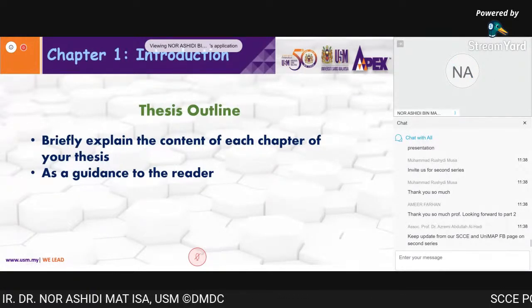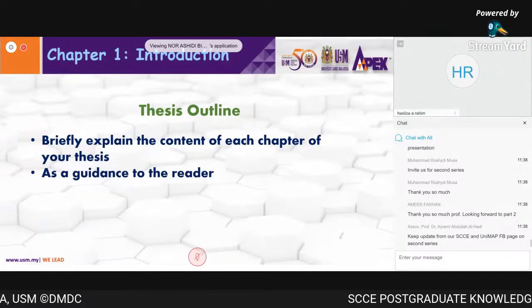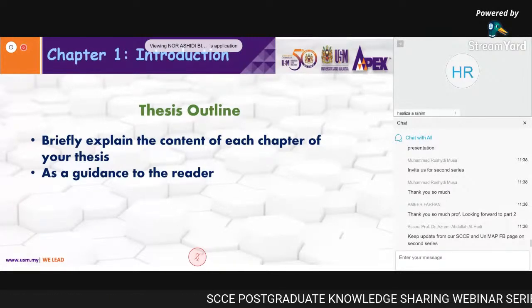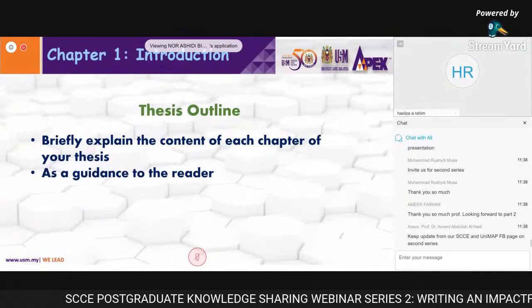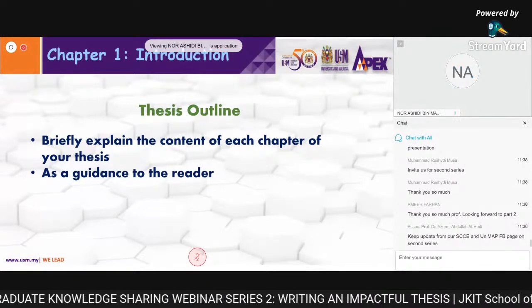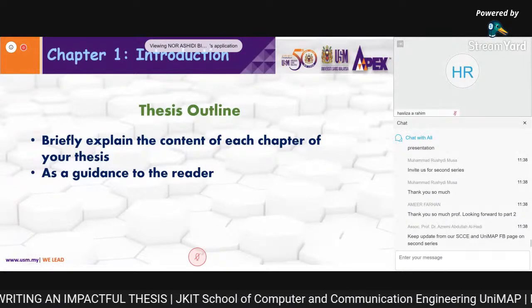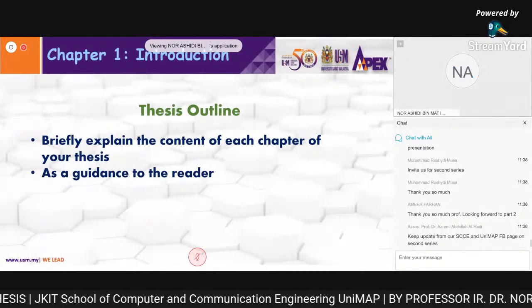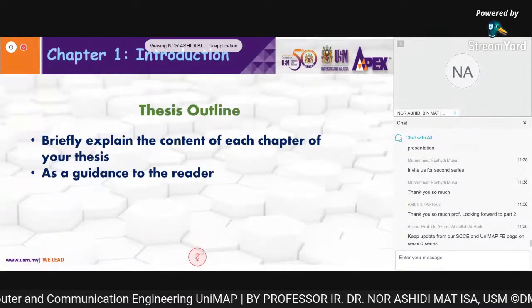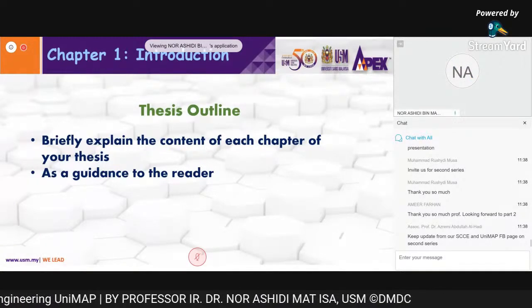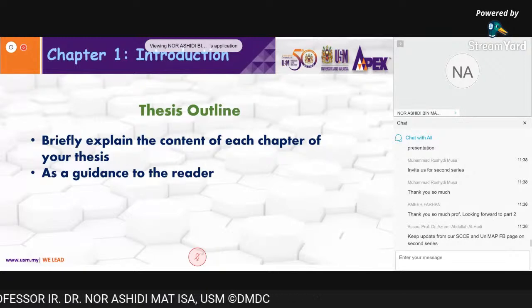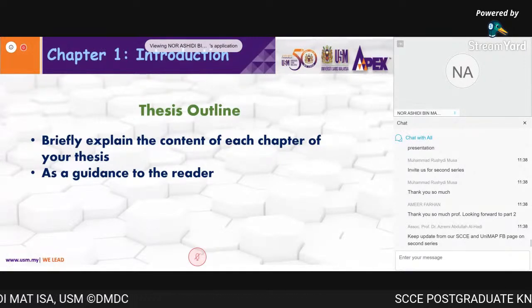Omar Al-Obaidi asks, may I know what the pipeline term refers to? The pipeline is how you want to design your work from A to Z. For example, let's say you want to develop one system, so basically you have the flow chart.